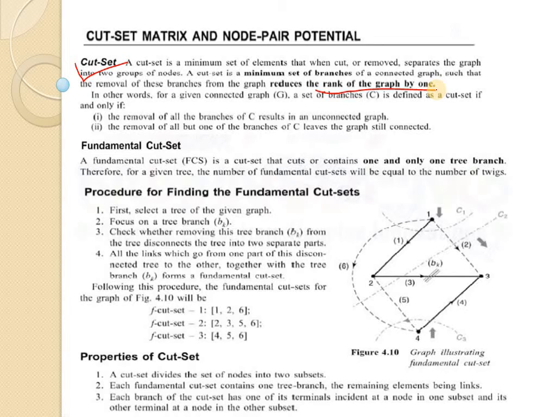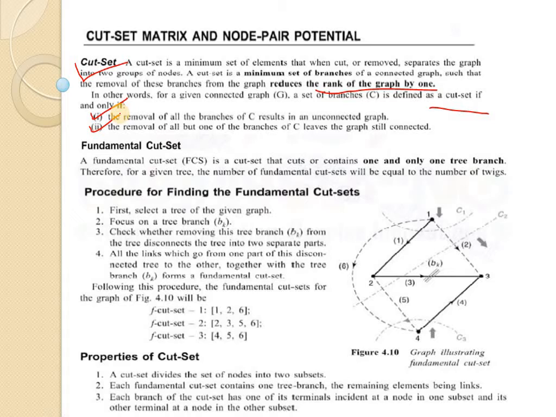In other words, we can write that a set of branches C is defined as a cut set if and only if the removal of all branches of C results in an unconnected graph, or the removal of all but one of the branches of C leaves the graph still connected.